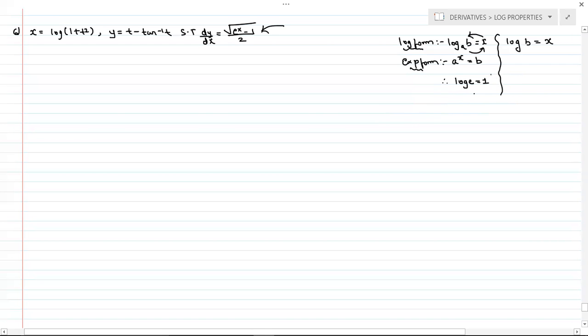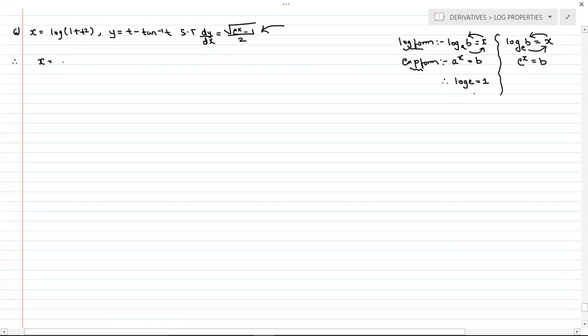Suppose in the base nothing is there, then we always take the natural base e. So when you convert this logarithm form into exponential, you will get e raised to x equals b.